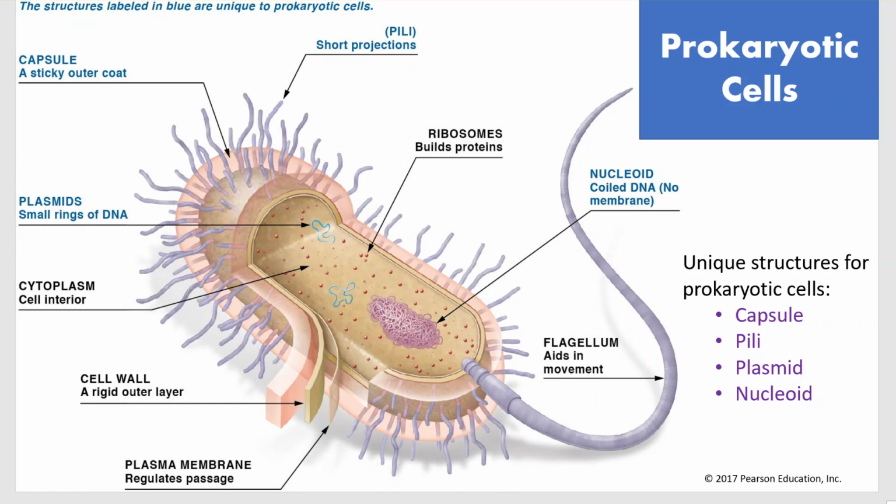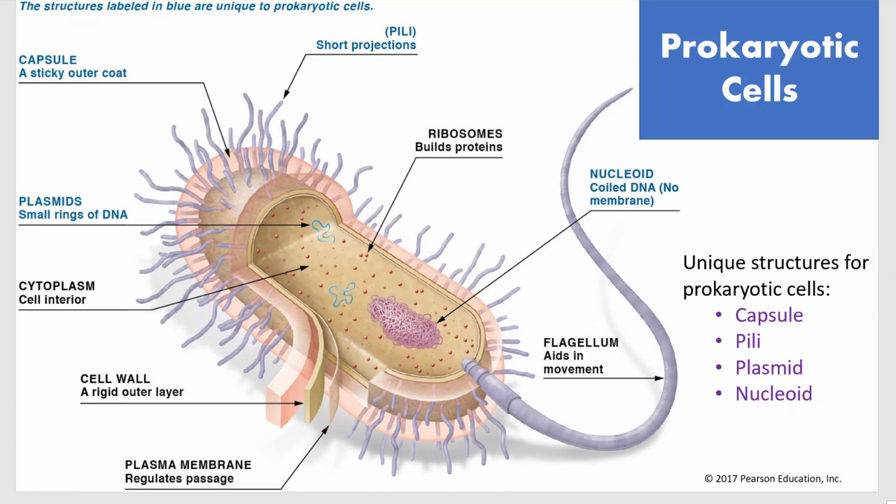It's mostly called a rod shape. There are other shapes where they can look spherical, and another shape where they can look like a coil. So there are different shapes that bacteria can be found in, but here I'm just going to give you this generalized idea of what it can look like and what structures you can tend to find there.